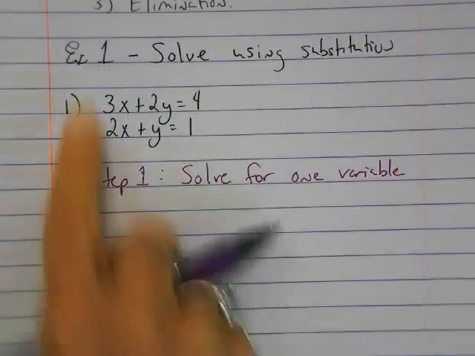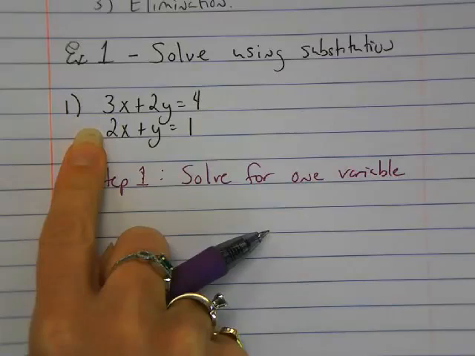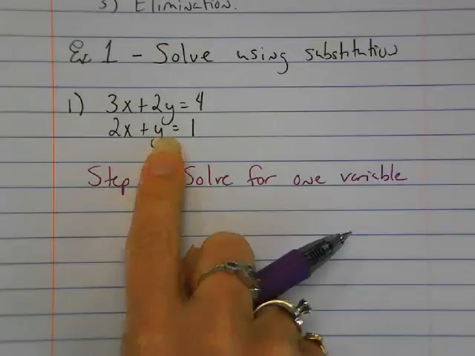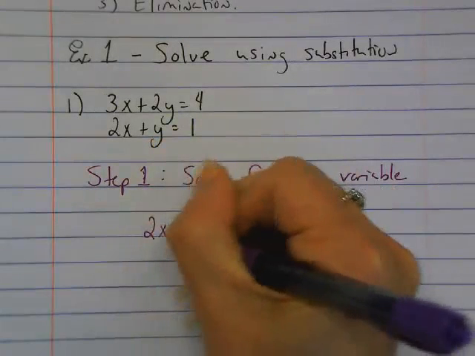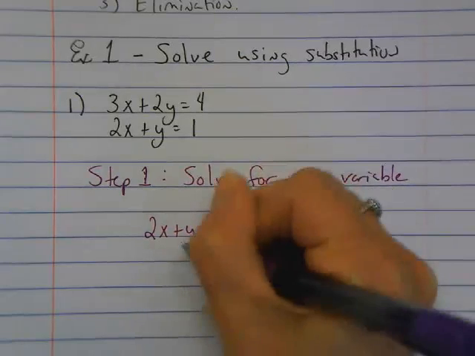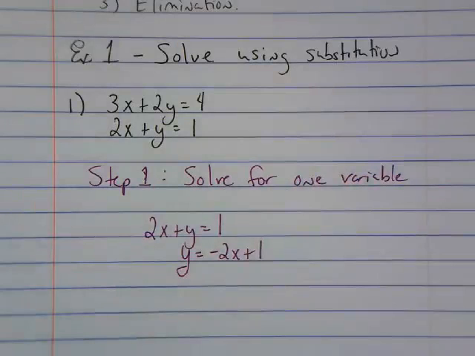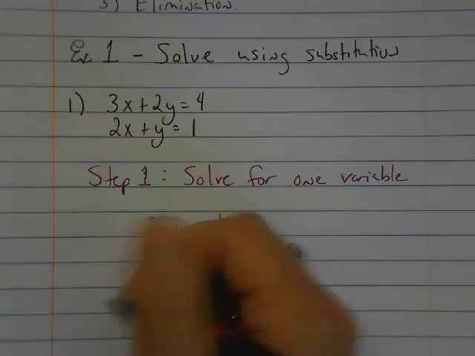Okay? So you look at your equations and you see which would be the easiest variable to isolate. And I'm hoping that you see that y is easy to get by himself. So I'm going to take 2x plus y is equal to 1. So y is equal to negative 2x plus 1. Alright, so I've done step 1, which was to isolate. Step 2, make a substitution.